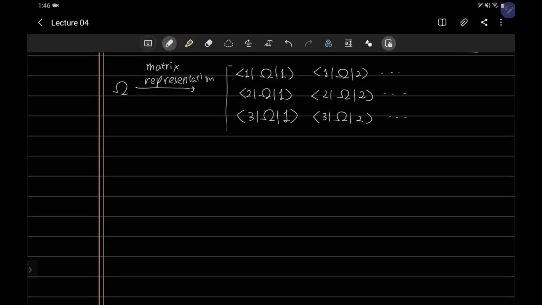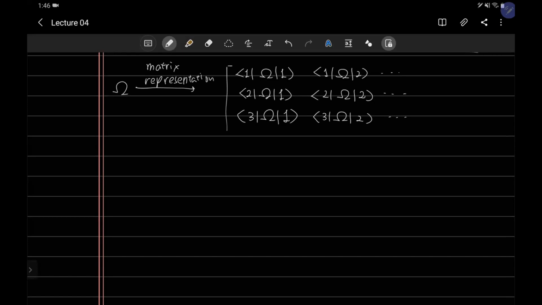If we recall, the matrix representation of omega will be written in this way, and from this fact, we are assuming that all the bases 1, 2, 3, 4 are all eigenvectors of this operator.